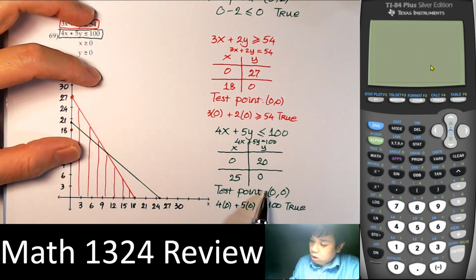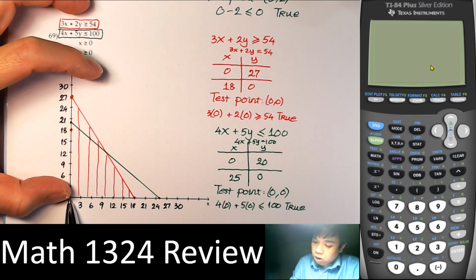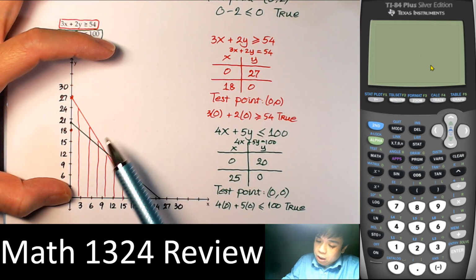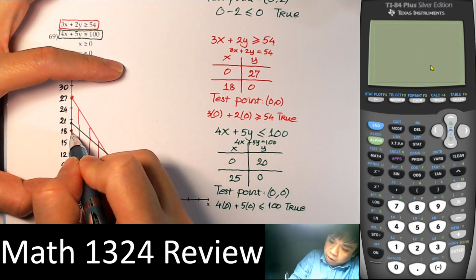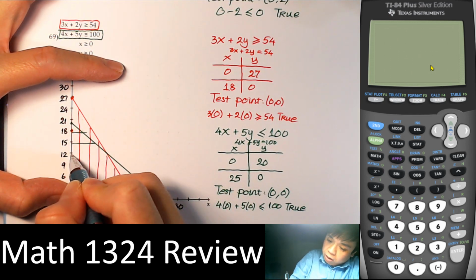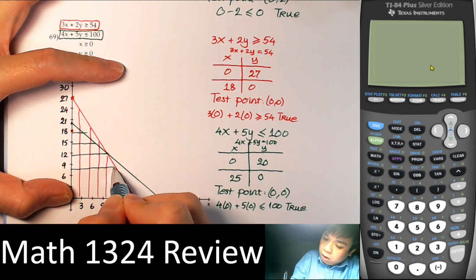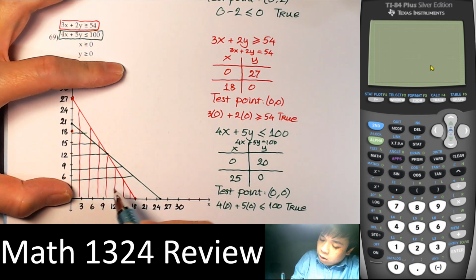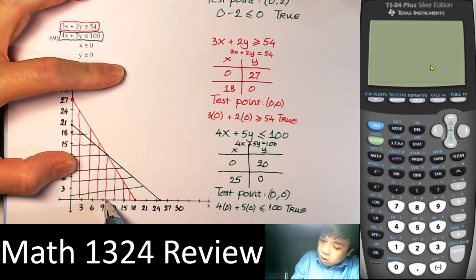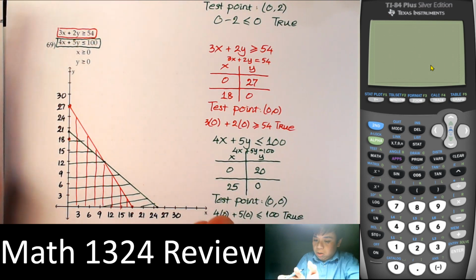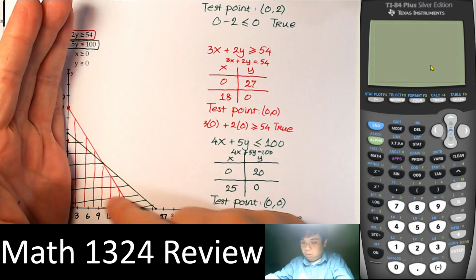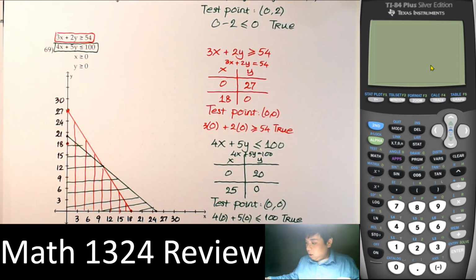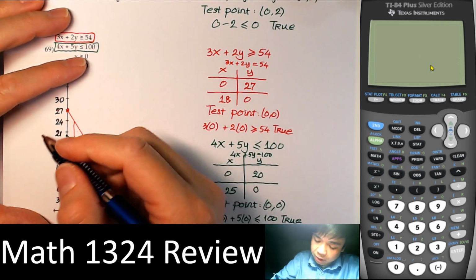But again, the point (0, 0) is true, and that point belongs below the line, so we'll graph it below the line. And of course it is in that quadrant because x is greater than 0, y greater than 0. So with that we have this region.